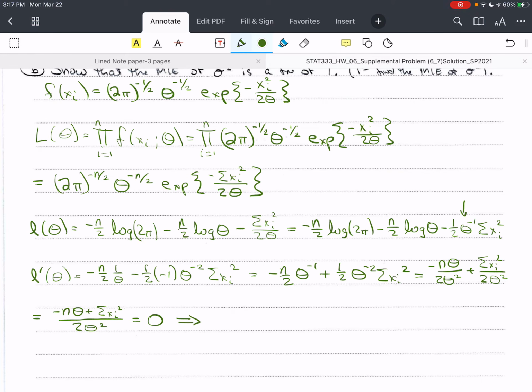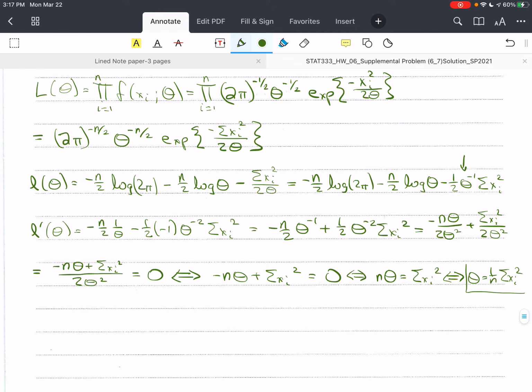And so this is true if negative n theta plus sum of xi squared equals 0. And that is only true if n theta is equal to the sum of xi squared, which is true if theta is equal to 1 over n sum of xi squared.